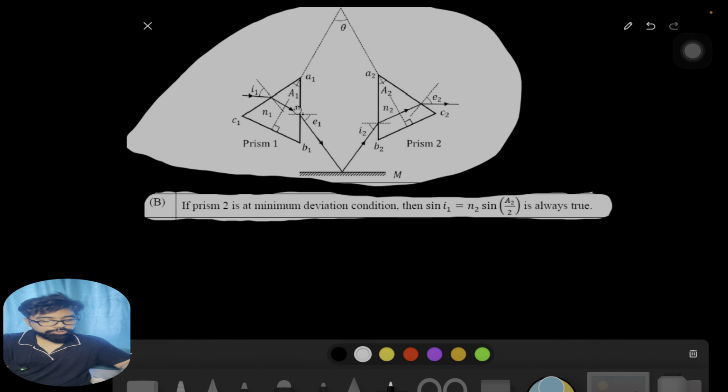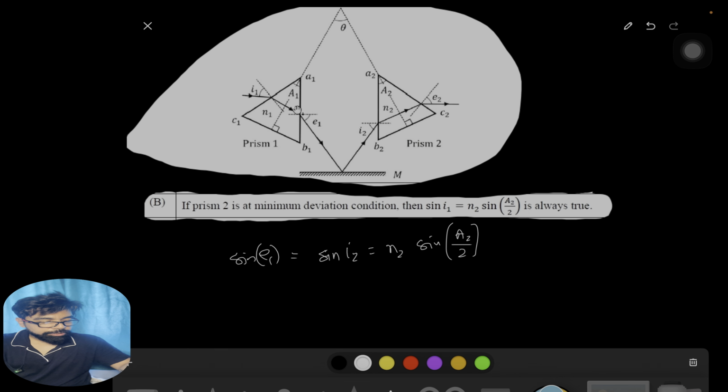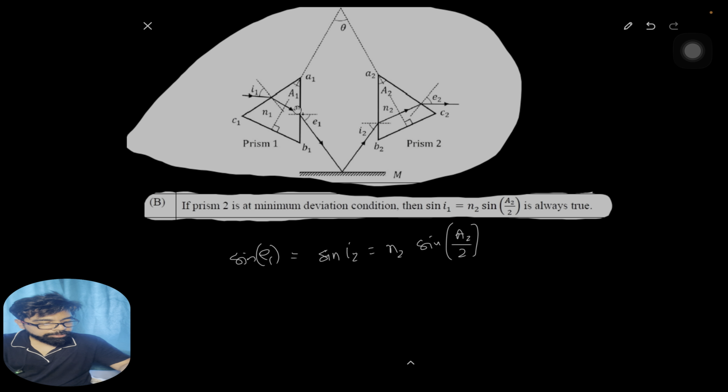In this case, the question is asking if prism 2 is in minimum deviation condition, what will be the equation? That's going to be sine I2 is equal to N2 into sine R3, which is A2 by 2. The right hand side has matched, but this is equal to sine I2, and I2 is equal to E1. But what the option is giving us is sine I1.